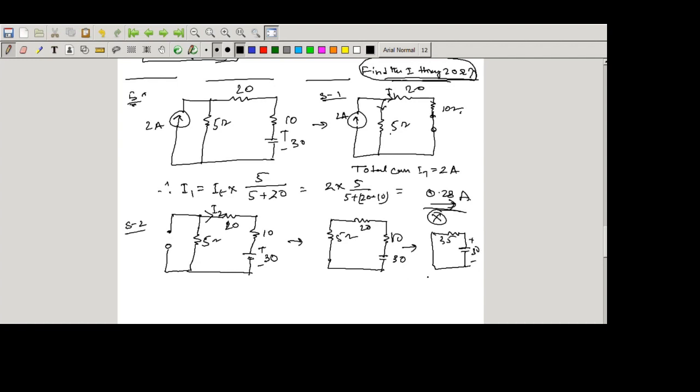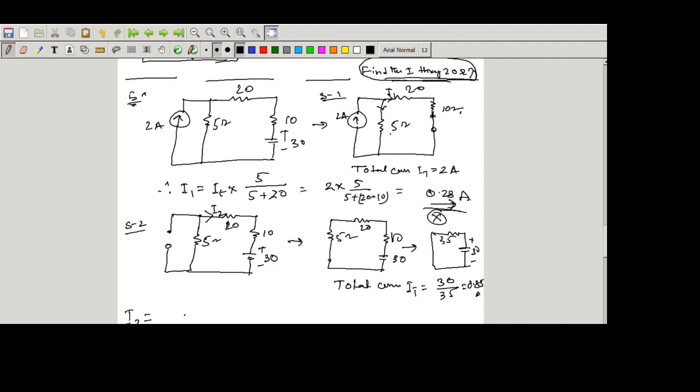So now from here we can find the total current IT, that will equal 30 voltage divided by 35 ohm. That means it is 0.85 ampere. Now we have to find the current flowing through the 20 ohm resistance. So what current do we consider? It is I2.